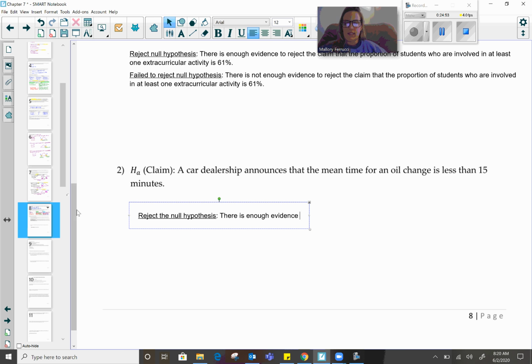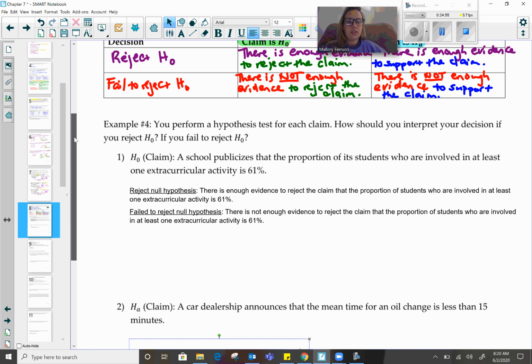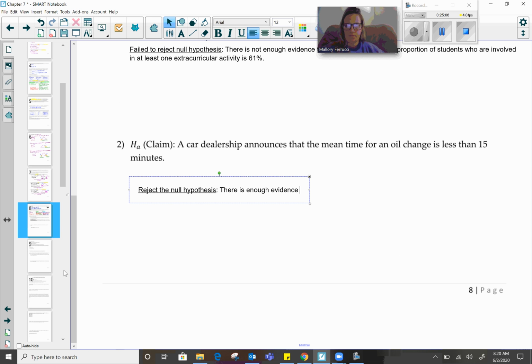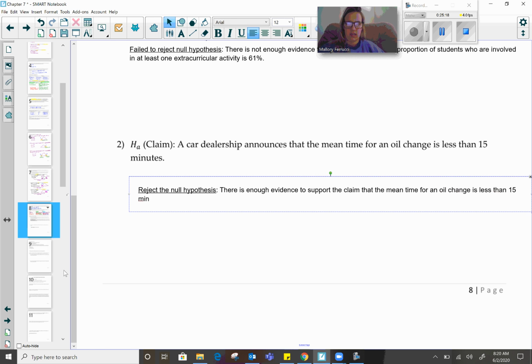And then since the initial claim was the alternative, I end it in this column: to support the claim that the mean time for an oil change is less than 15 minutes.